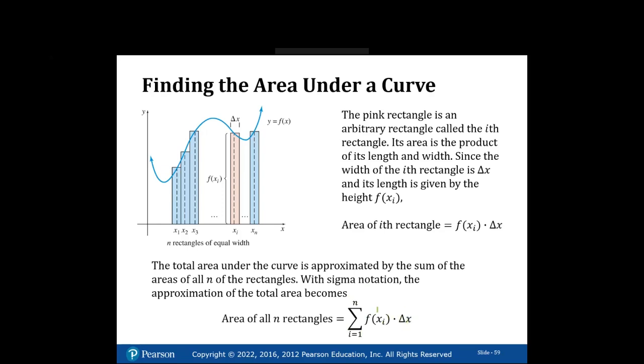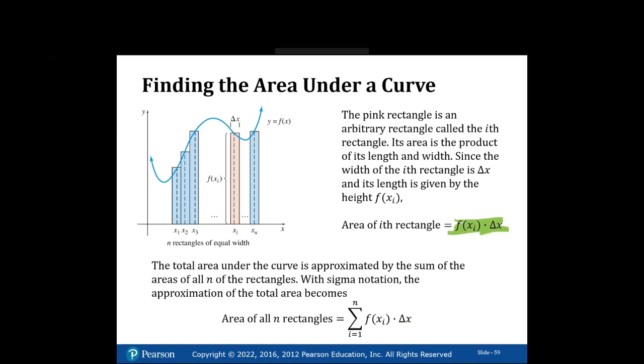Because what I'm saying is this is just any generic rectangle. I can pick any i, plug in that number, and this would be its area. Because every delta x is the same, all of my rectangles have the same width. So what's changing is the f of xi, because as I move along the curve, that number is going to change.